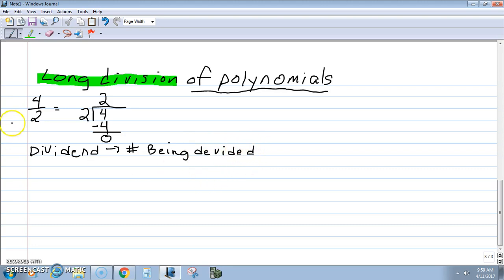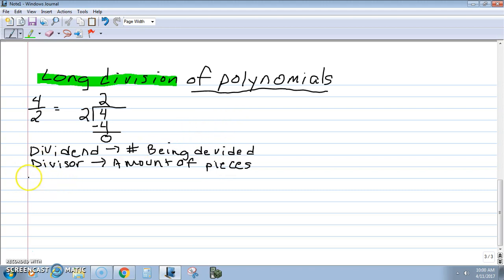Okay, and then we have the dividend, and then the amount of pieces we are making, that's our divisor. So this 2 is the divisor, the amount of pieces. And then what's our answer?